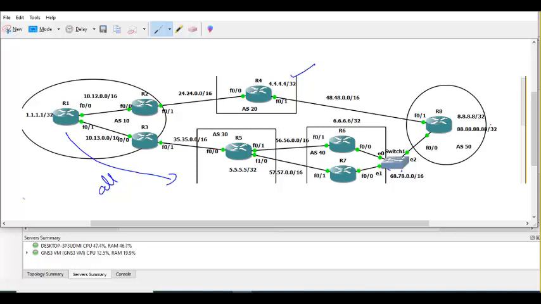Will R2 take the path via R3 or not? If R1 takes the path via R3 to reach 4.4.4.4, will R2 also take it, or will R2 go straight to R4? If R1 takes it, very good.